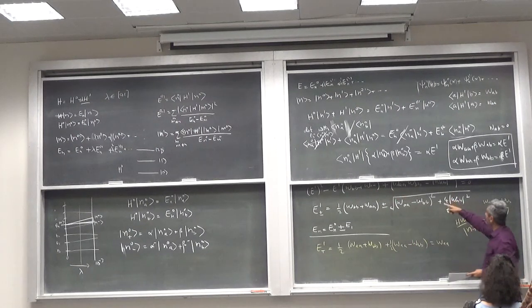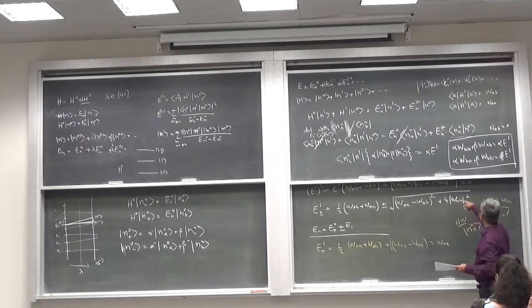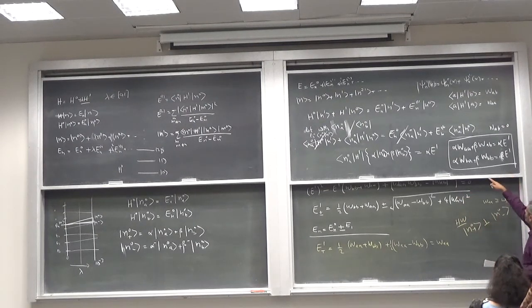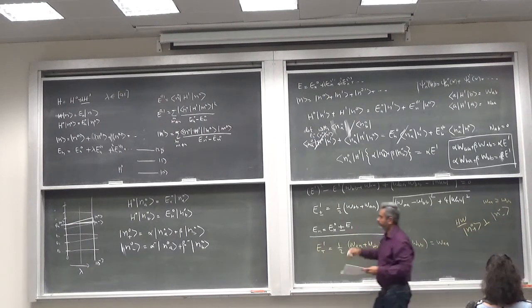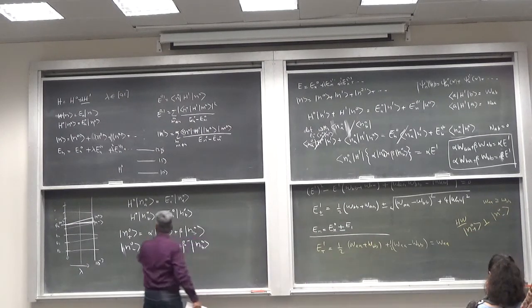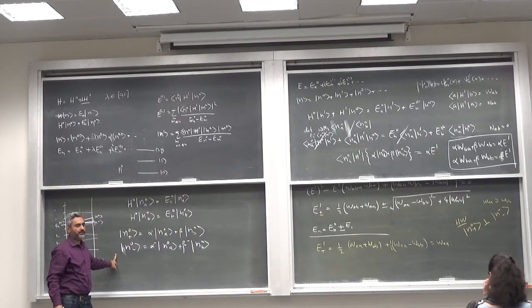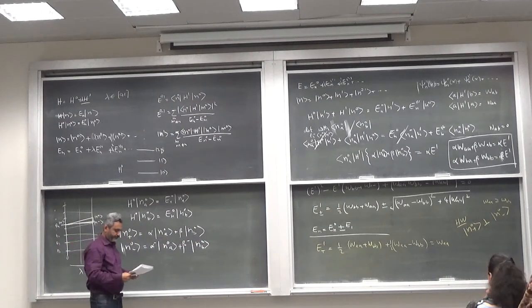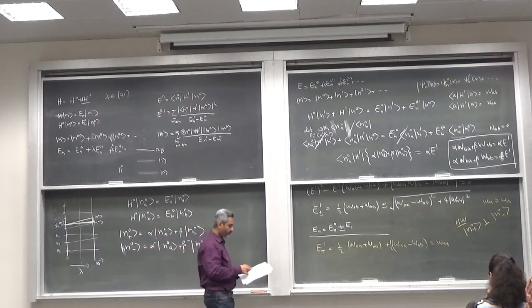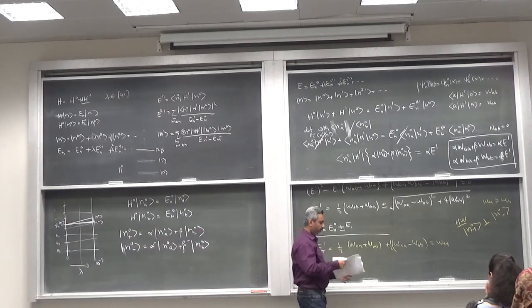How can you calculate the states? Once you have E1, put it back in there, calculate alpha and beta, and once you have alpha and beta, you will have these states. Show that these are perpendicular to each other. Okay? Any questions?